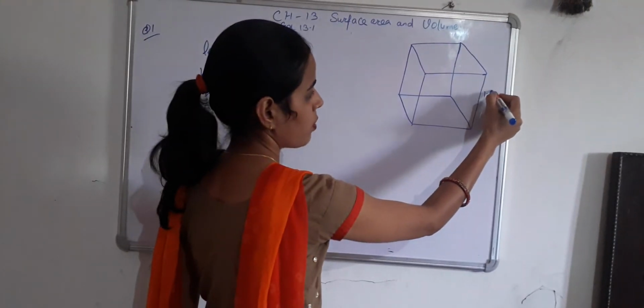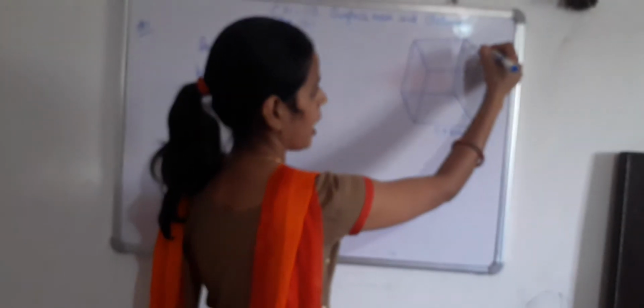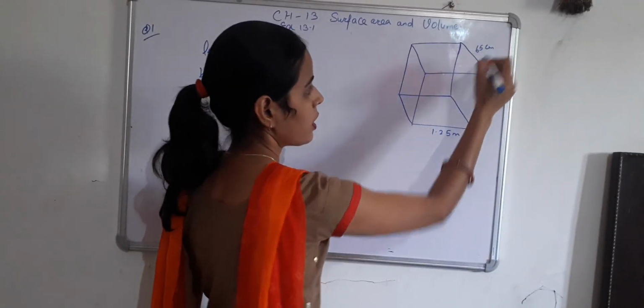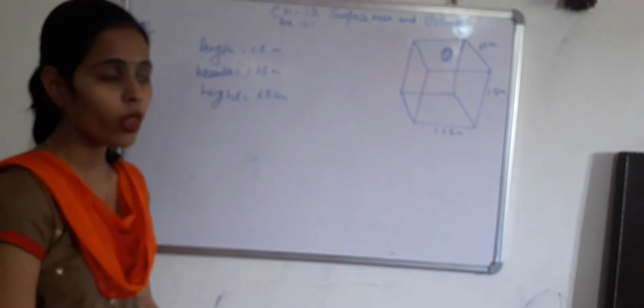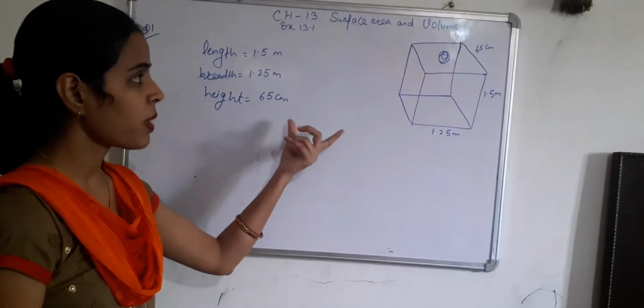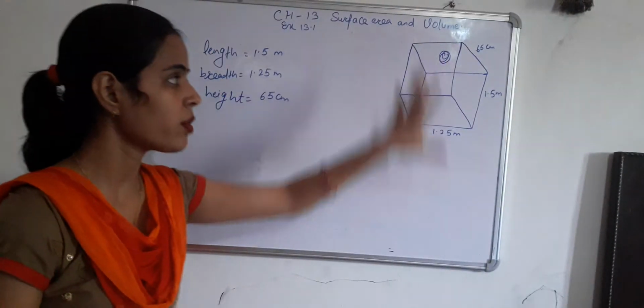Length equals to 1.5, breadth equals to 1.25 and height equals to 65 centimeter. This box is open from the top. Find the area of this plastic box. Means here we have not find the area of this part because it is open from top.